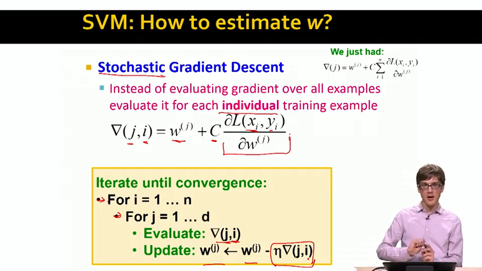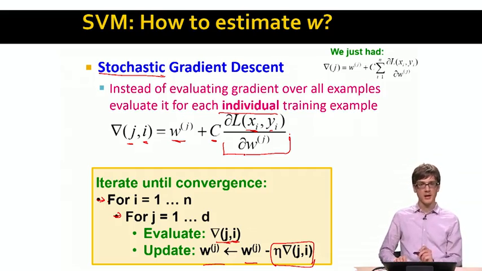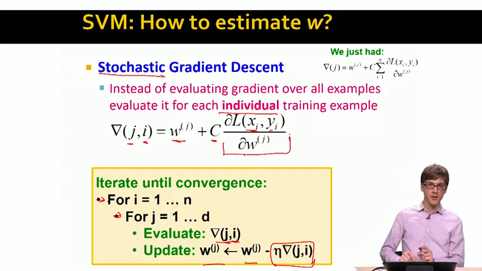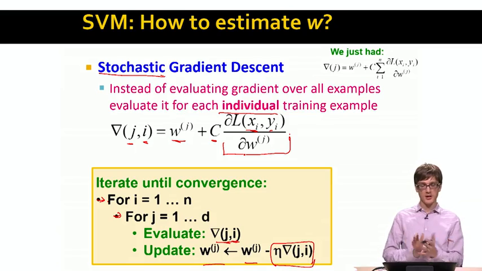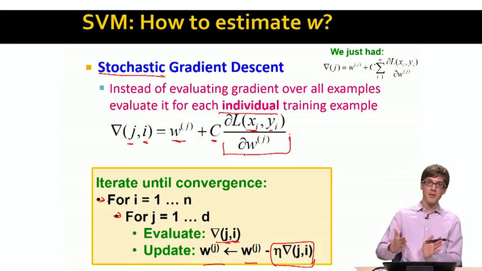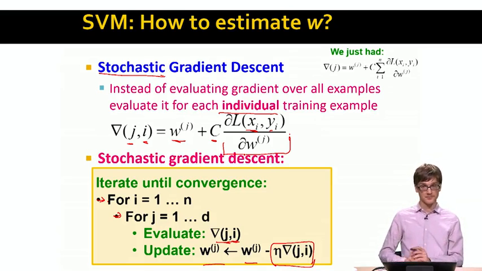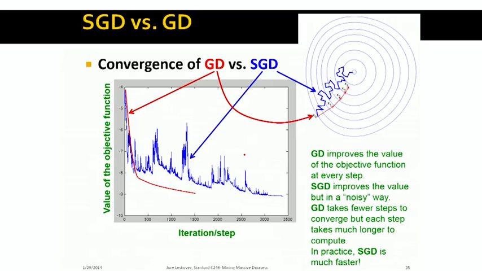We are just evaluating the gradient at a single data point, and we are making a step. Because this takes very little time, we are able to make many small steps. And the method that does this is called stochastic gradient descent. What's the difference between stochastic gradient descent and gradient descent?